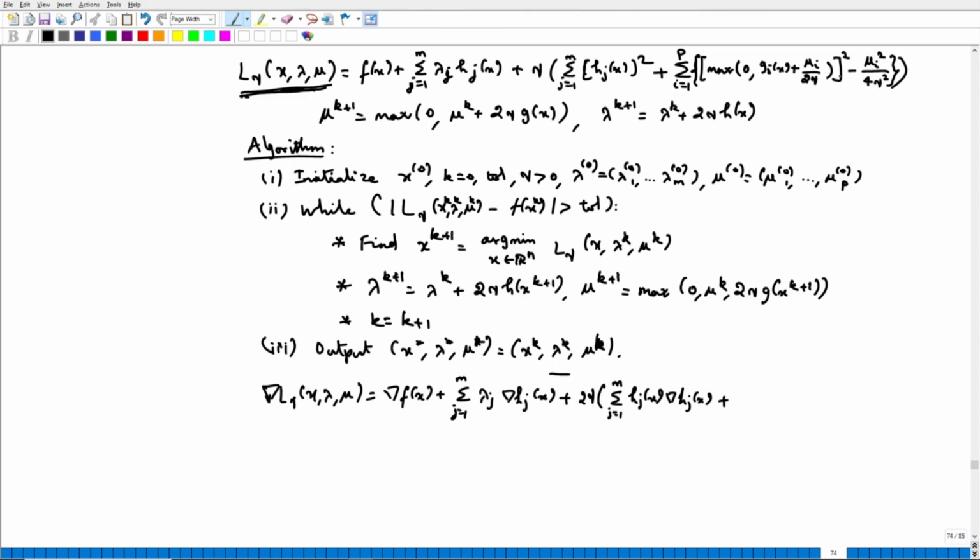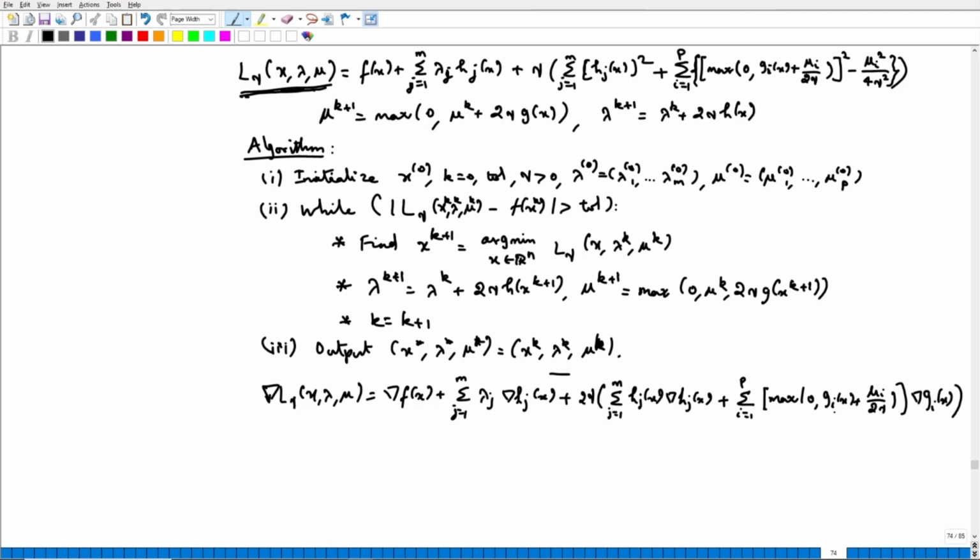We just differentiate this, and here again we will have the 2, which I have pulled out already. So we will have the summation i equal to 1 to p of this term as such, max of 0 and g i of x plus mu i by 2 gamma, and we will differentiate this, for which we will have del g i of x. It is easy to see that this is differentiable, though we have the max component.